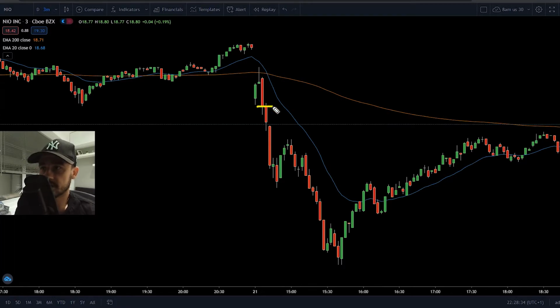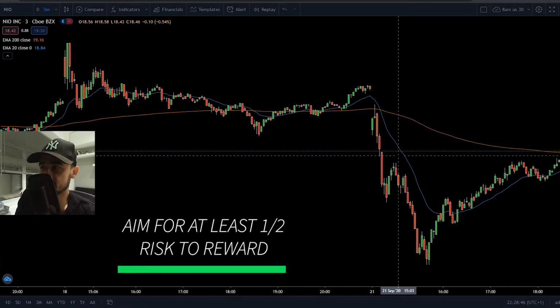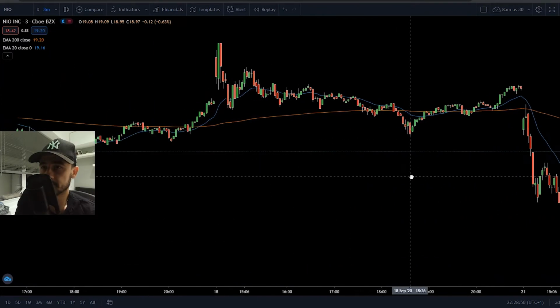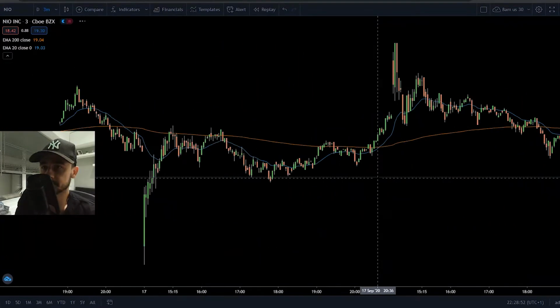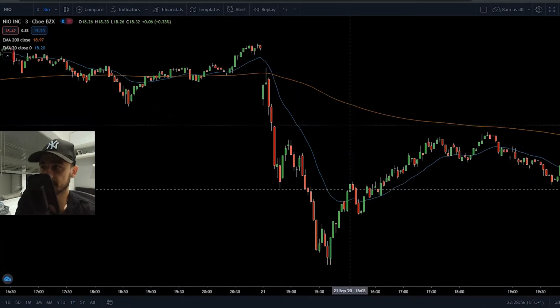So you could have entered at these lows, stop above this red bar, could have got 3, 4 to 1 on your money, and move on. And this happens each and every day. You just have to be there to spot it. I want to show you another example today.